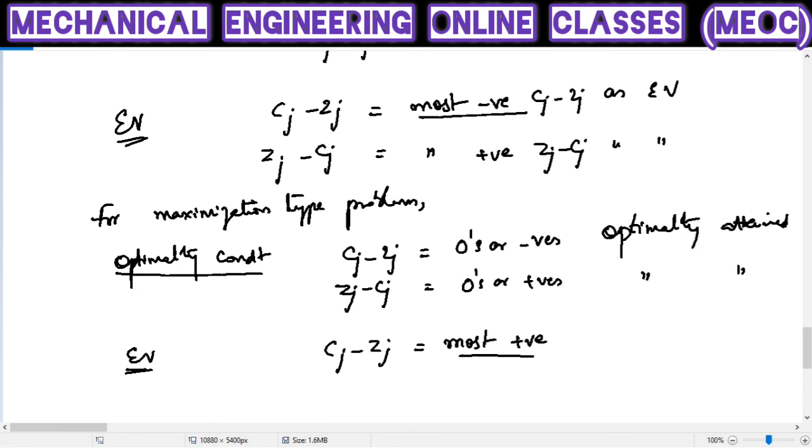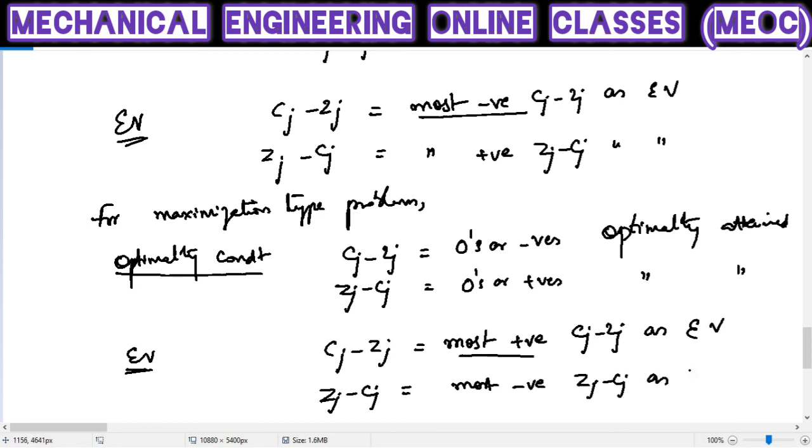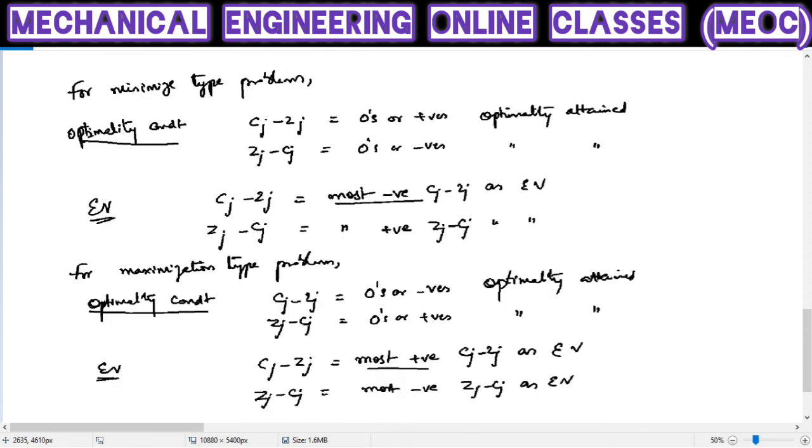So here it will be most positive. The most positive Cj minus Zj is considered as the entering variable. If you are someone who is following Zj minus Cj, then it will naturally be the most negative Zj minus Cj that is considered as the entering variable. So I have mentioned all the possible cases at one place.